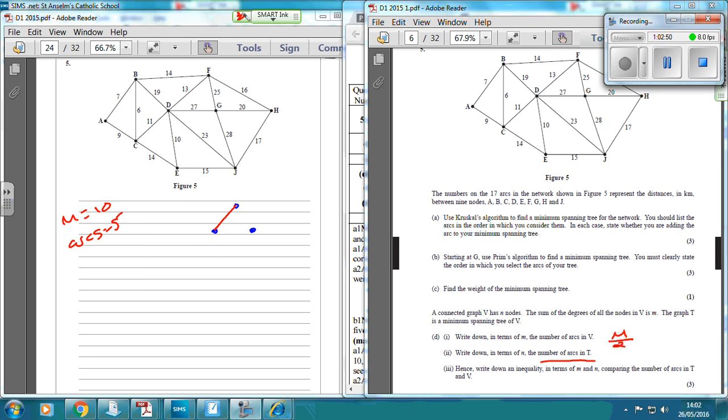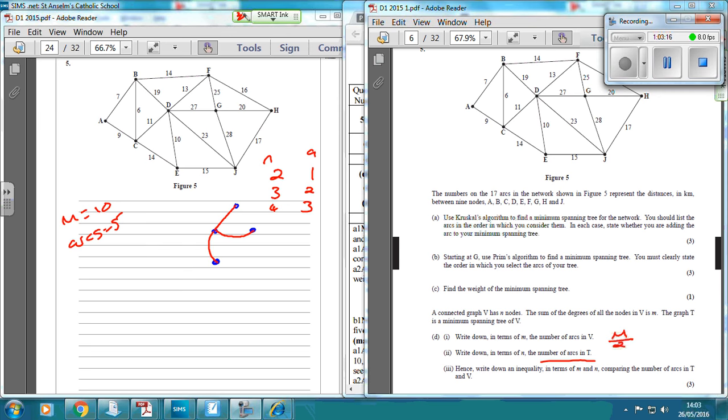For each extra node that we add, so at the moment we've got 2 nodes and 1 arc that connects them, for each extra node we're going to need an extra arc. So let's say we add in another node. Doesn't matter where the arc comes from, but for every extra node to connect it, we need an extra arc. So 4 nodes is going to be 3 arcs.